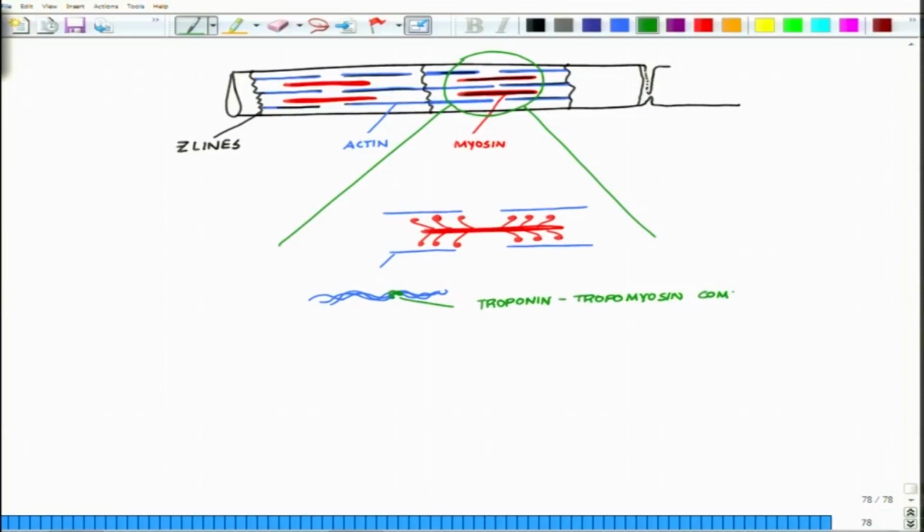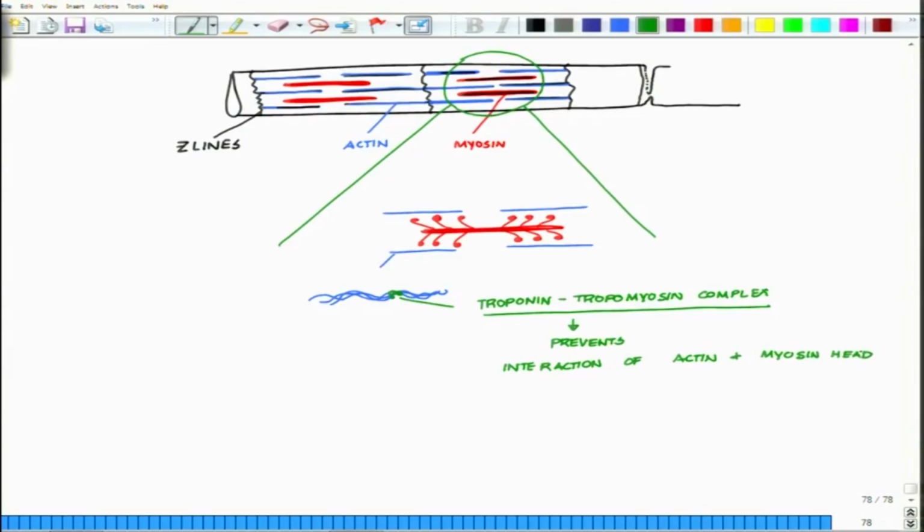There are multiple proteins involved in it, but that is not important. Now, this troponin tropomyosin complex prevents the interaction of actin and myosin, especially the myosin head and the actin filament.